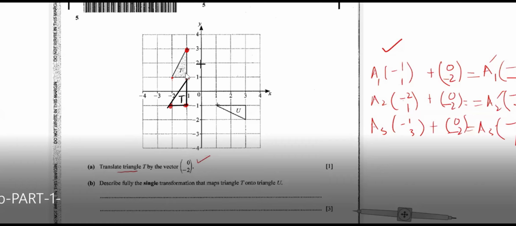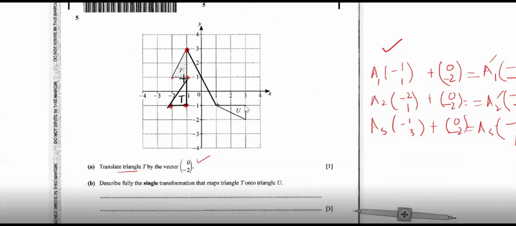Look here, this is triangle T and this is triangle U. Firstly, we check the type of transformation here. Triangle T has these object points and the corresponding image points will be these. We will join each object point and its corresponding image point. Next, we will join the other object point and its corresponding image point.